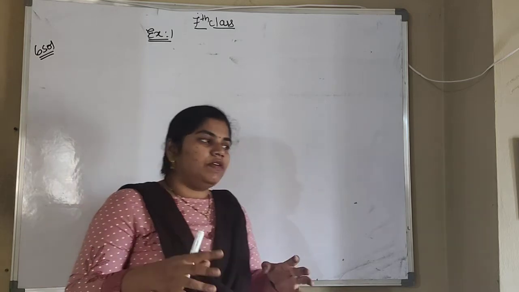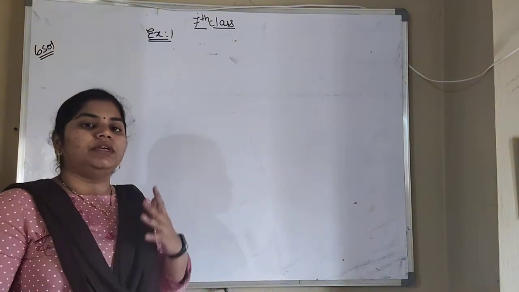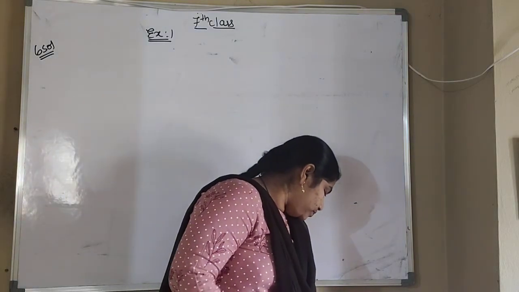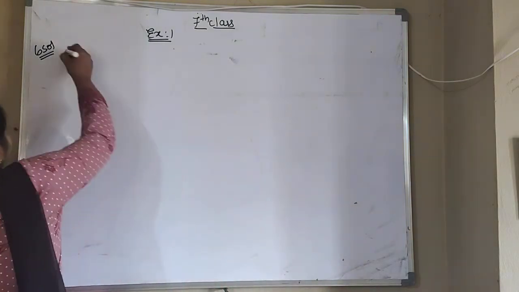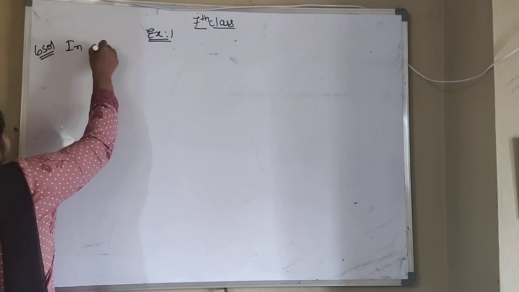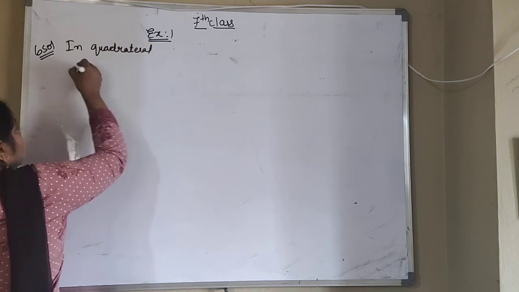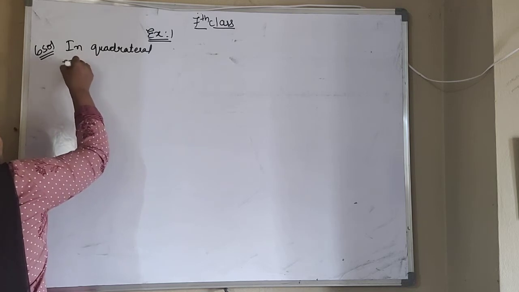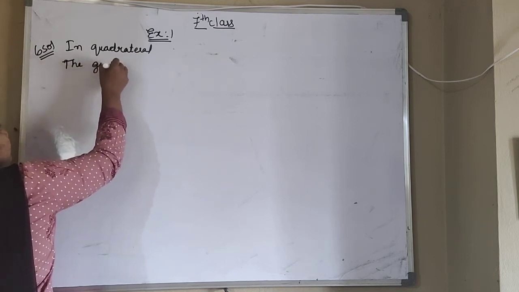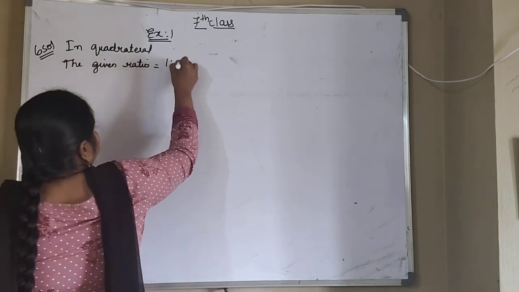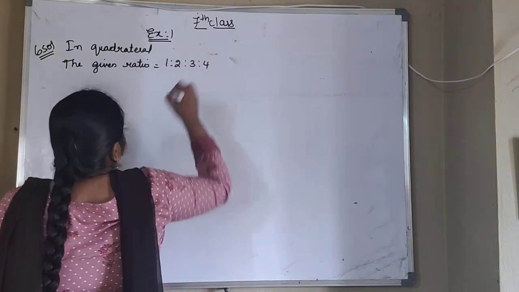Okay, so first we will convert the ratios into the form of angles. The given ratios in the quadrilateral are 1:2:3:6.